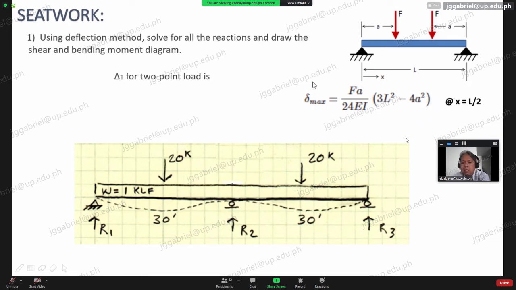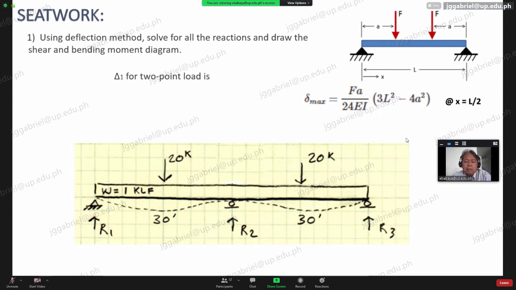Now, this is the delta max or the maximum deflection at support 2. Or at the redundant support. In this case, we designate R2 to be our redundant support. Actually, pwede rin namang R3, pero it's symmetrical eh.